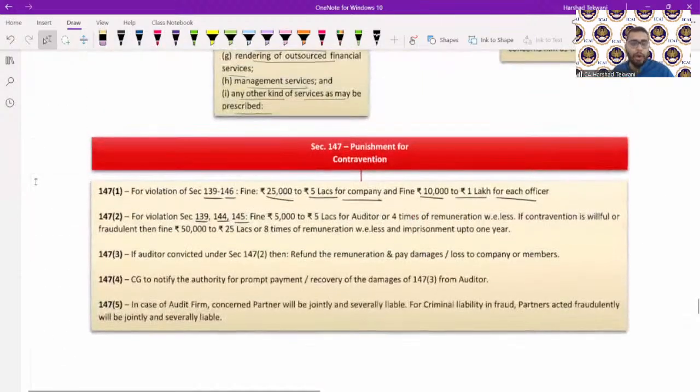So 147(2) talks only about contravention or violation of 139, 144, 145, then the penalty will be 5,000 to 5 lakh for the auditor or 4 times of the auditor remuneration. If the contravention is willful, then 50,000 to 25 lakhs or 8 times of the auditor remuneration plus imprisonment up to 1 year. Clear?